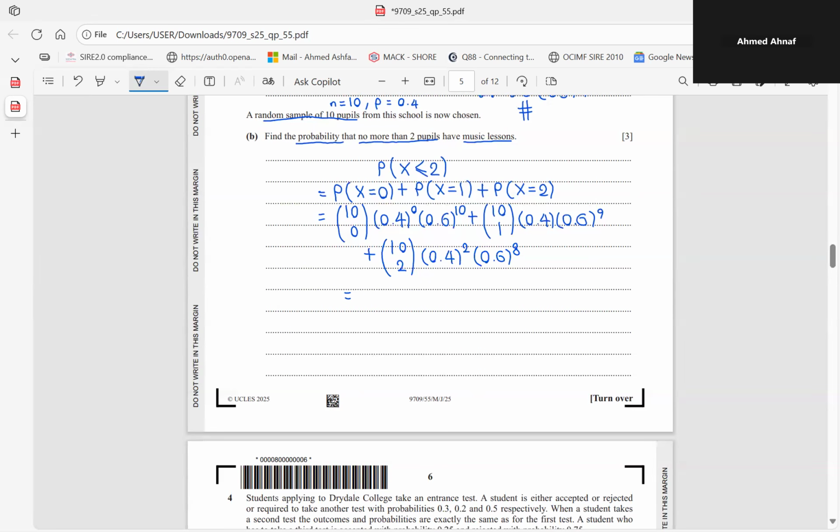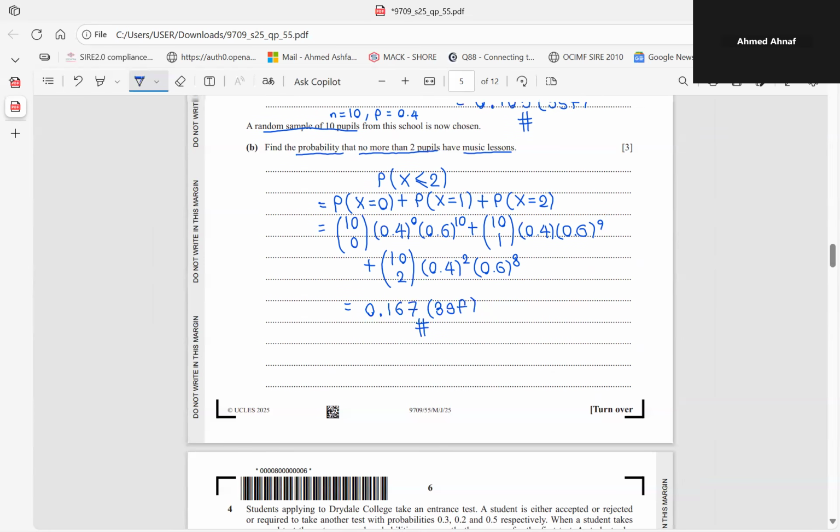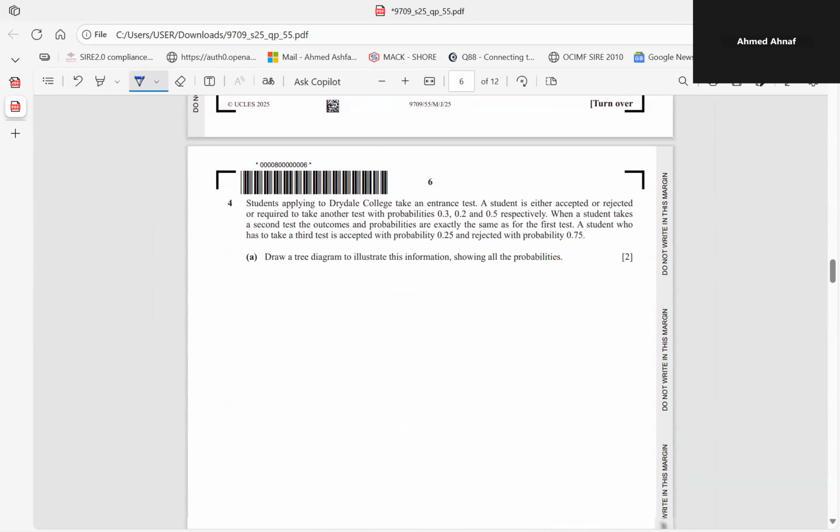This would give you 0.1673 to 3 significant figures. So this is the final answer for this part. Let's head on to the next question.